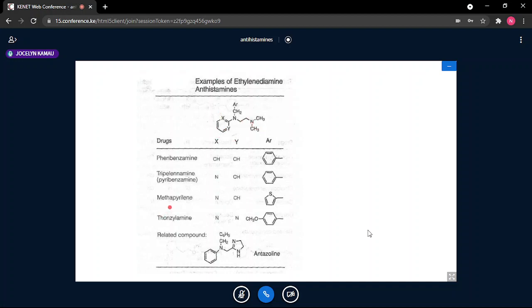Then you have methapyrilene. Again, you have the pyridyl group there, but your aromatic group, the phenyl ring, is replaced with the thiophene ring.